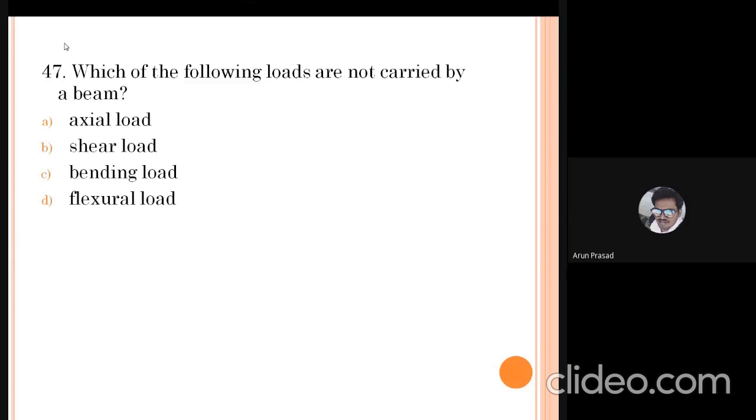There are 4 options: axial, shear, bending and flexural load. The answer is axial load. So the axial load will not be carried by a beam. Remember this: shear load it will be carrying, bending load will be there, and flexural load will be there. Only axial load will not be carried.